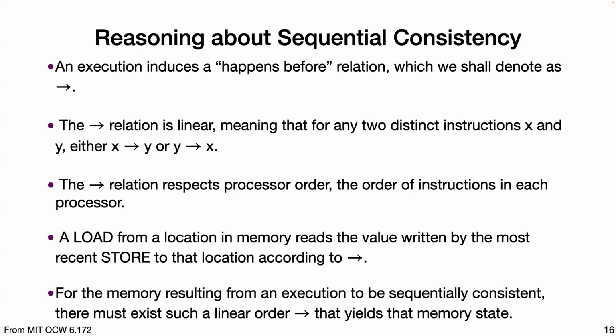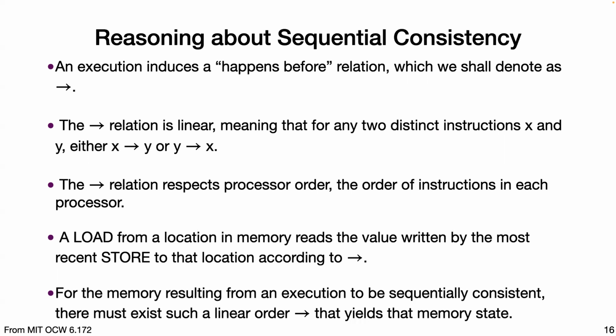And yeah, it has to respect the processor order, which is defined by the program, and a load, according to sequential consistency, reads from a location in memory the value written to it by the most recent store, according to this happens-before relationship. So that's how we were reasoning that you have to have at least 1 in the registers.